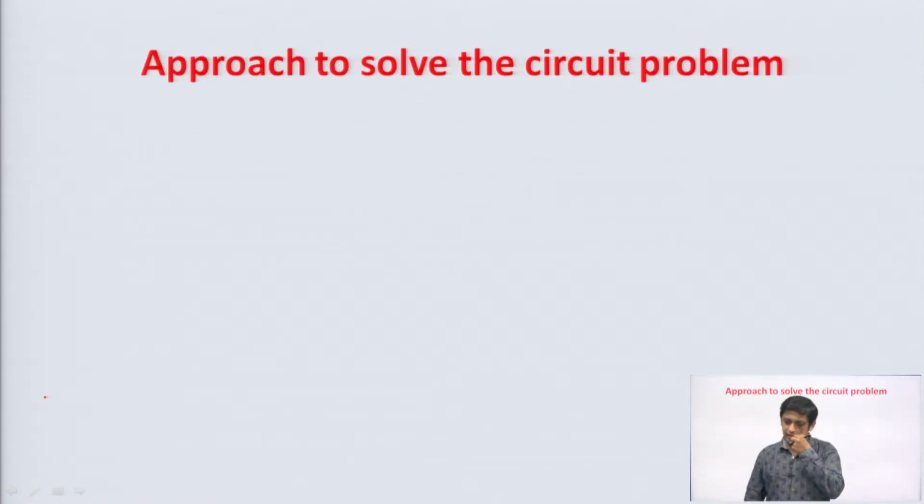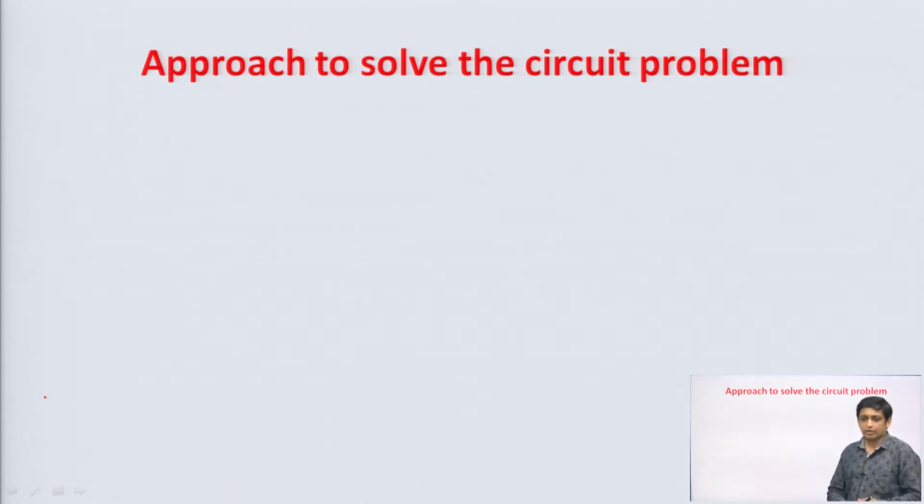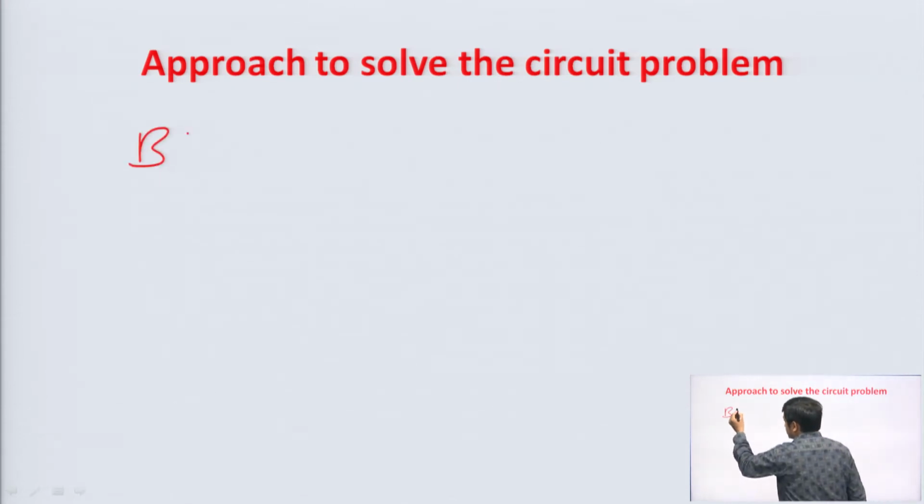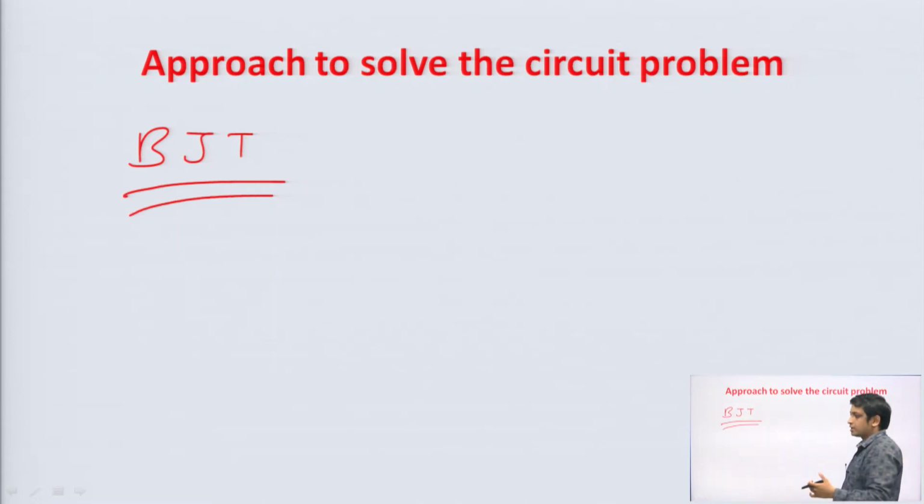The first thing is, what is the approach to solve a circuit problem? The approach is similar for BJT and MOSFET. Let us start with the bipolar junction transistor. If any circuit is given which contains this active element BJT, then we need to find out the different node voltages and branch currents.